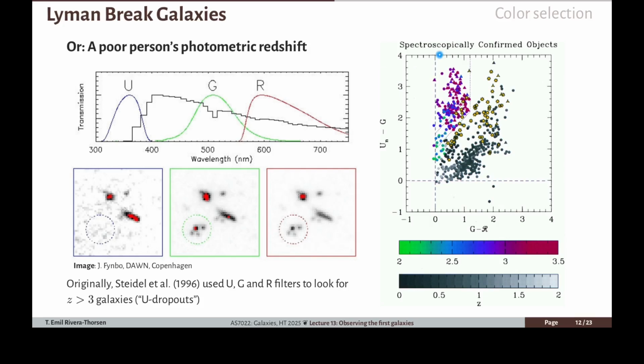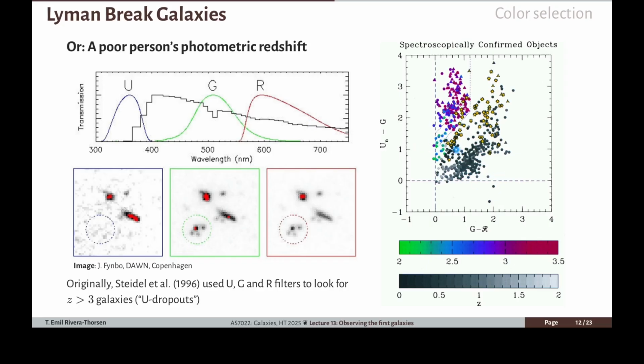What you see over here to the right is a way that the researcher, I think that was Chuck Steidel, right? Yeah, I think that was from Steidel, used these filters to find galaxies that were basically these U-band dropouts.